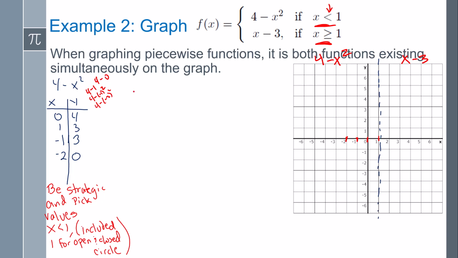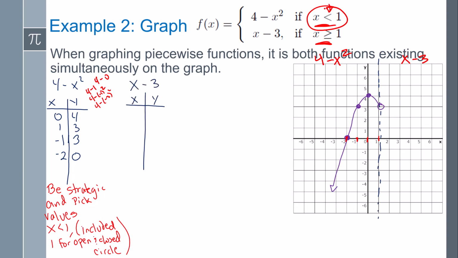You can take those values and then plot them. Now, because this line doesn't say equal to, we have to represent that point as an open circle. It can't equal that value when it's at 1. But the rest can equal them, so we have a closed circle, and then you just connect them because it's an equation.